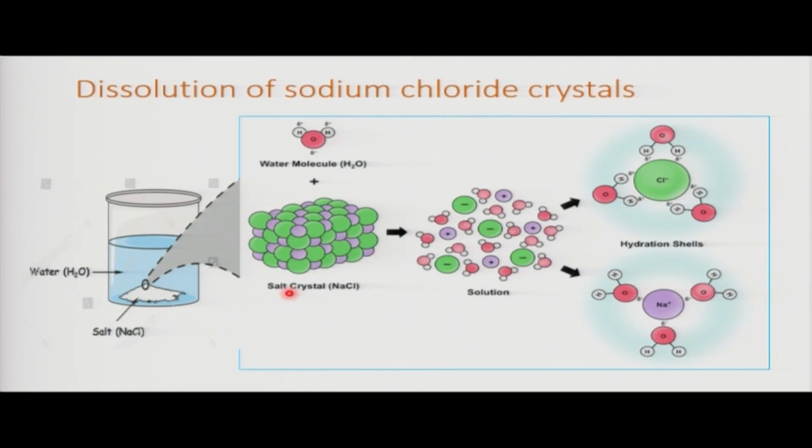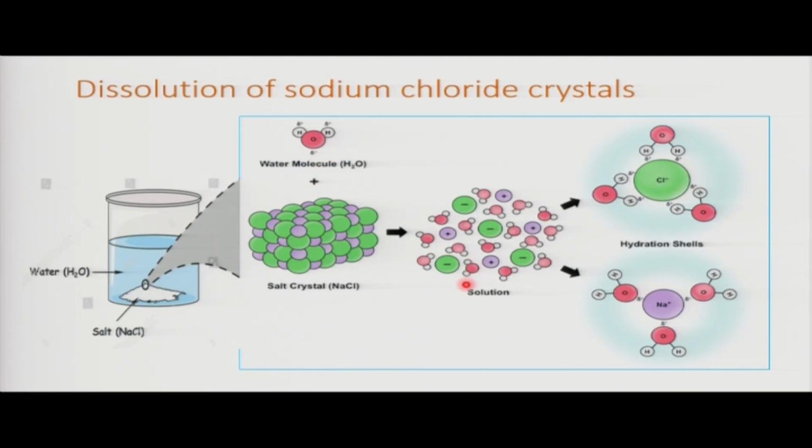It is broken down. The water molecules break it down and surround each ion with the respective component of the water molecule. What do I mean by the component? This is the water molecule having oxygen and hydrogen. But due to the difference in electronegativity, the hydrogen has a partial positive because electrons are more towards oxygen than hydrogen, and the oxygen has a partial negative.